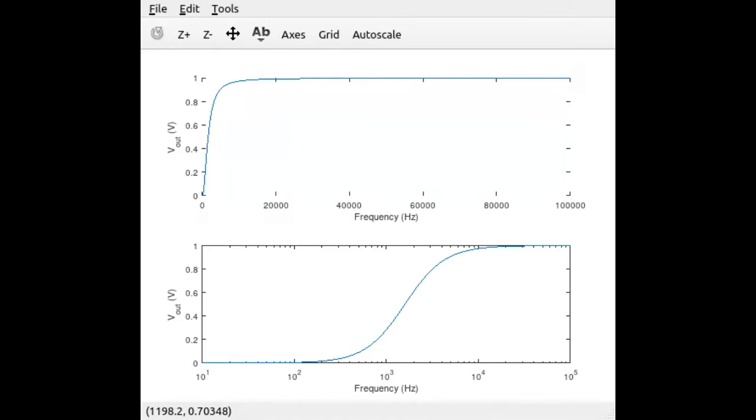When you look at these plots, you see that they're both plotting the exact same thing. But in the bottom one, we have 10 to the first, then 10 to the second, 10 to the third, 10 to the fourth, 10 to the fifth. Let me switch back to my paint program, and I can paste this plot in there, and we can look at it that way.